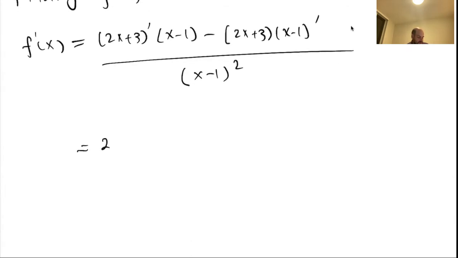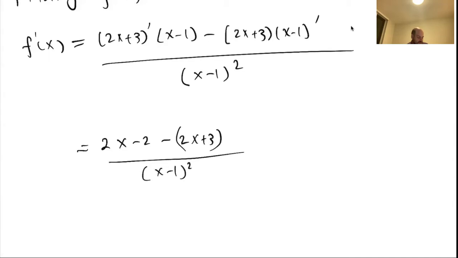So that's going to be 2x minus 2 minus 2x minus 3, divided by x minus 1 the whole squared. So this is going to be minus 5 divided by x minus 1 the whole squared.